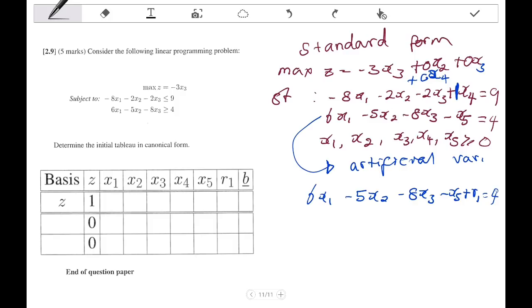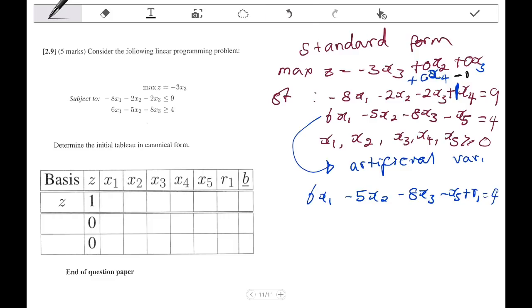After that, you have to decide which variables are the basic variables and which are the non-basic variables. And remember, after adding this R1, on your max you have to subtract R1 for a maximization problem, and you add for a minimization problem.